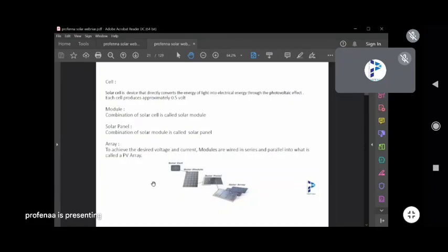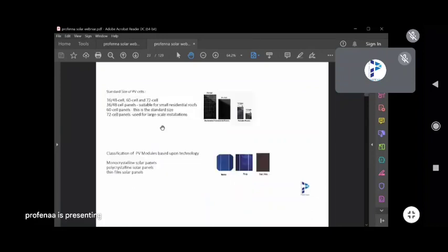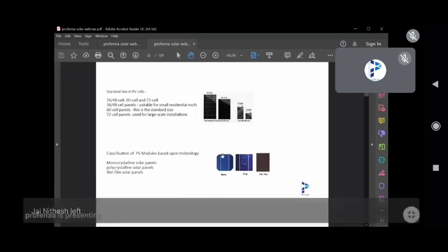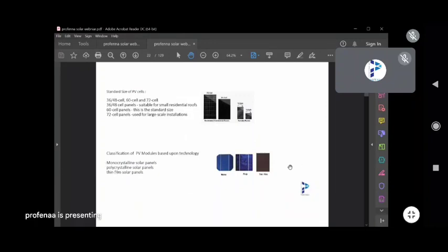Based on this. See, what are the types of cell? For example, a 250 watt panel has 60 cells. Combination of 60 cells, you will get 250 watt. But a 325 or 400 watt panel means 72 cells. The types of cell are mono, poly and thin film.